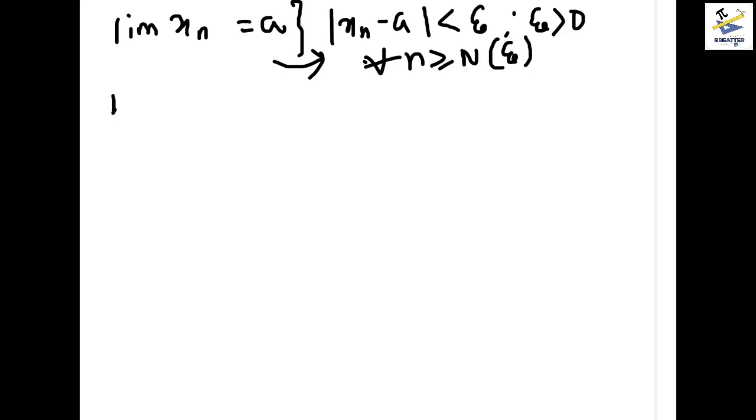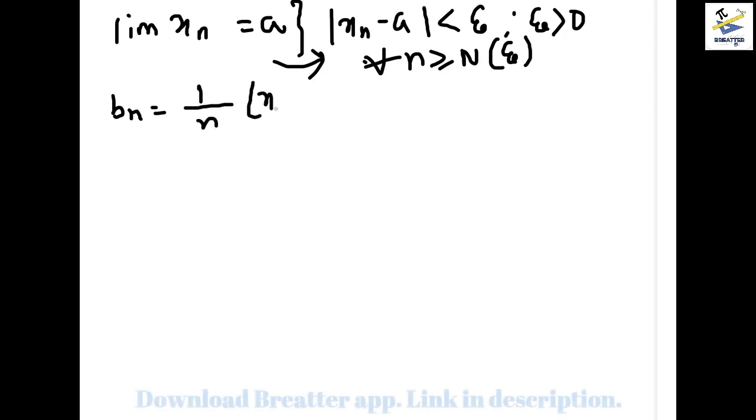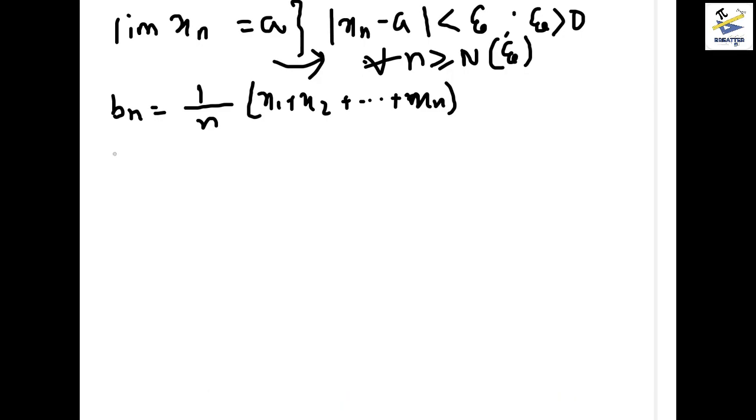Now you have to calculate the next thing, that is b n, which is equal to 1 by n times x 1 plus x 2 up to x n. This is the next thing, and you need to prove the limit. So you're trying to prove that this thing also converges to a. Okay, fine.